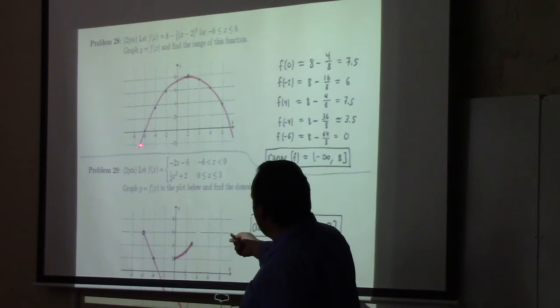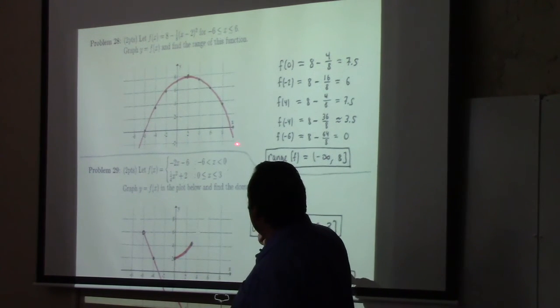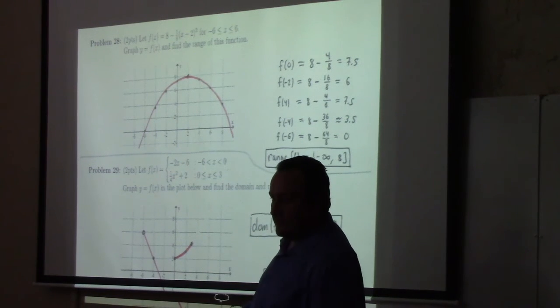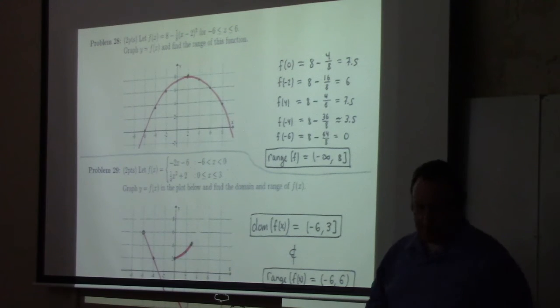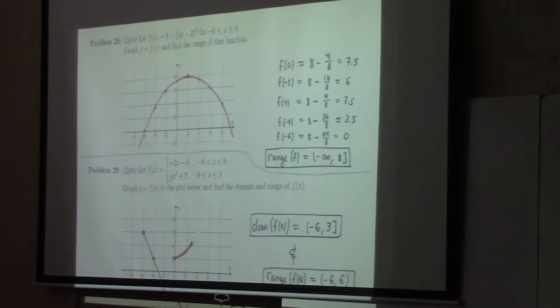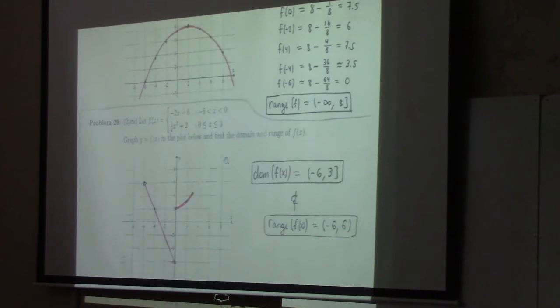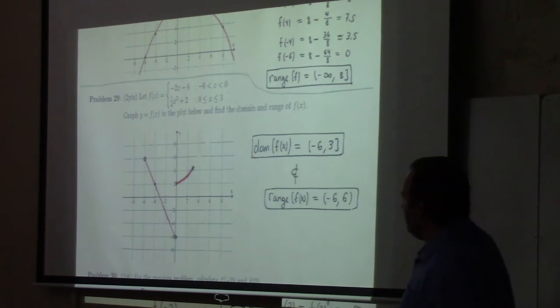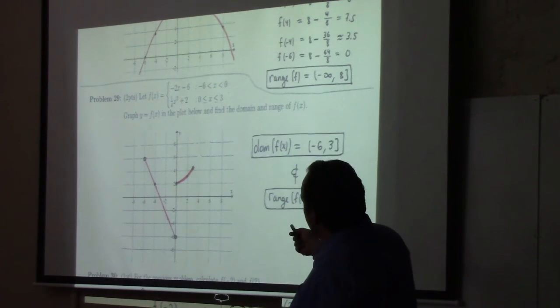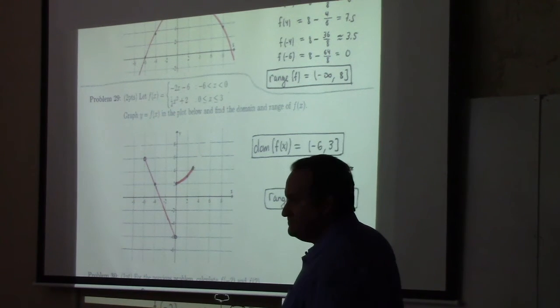Like, if you had a picture that looked kind of sort of like this, I'm going to give you full credit. So we go from -6 to 0, and then from 0 to 3, and there it is.